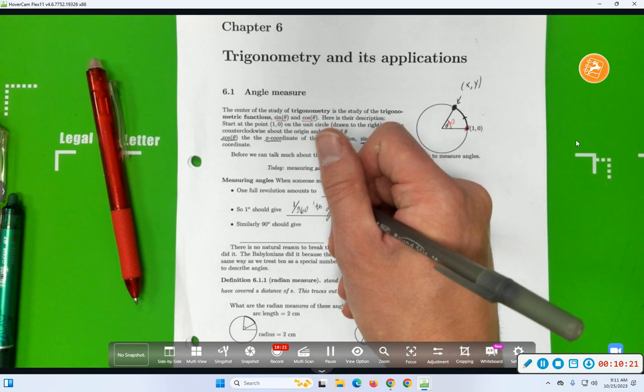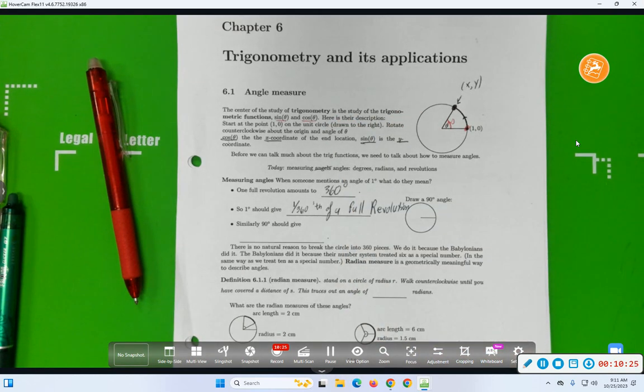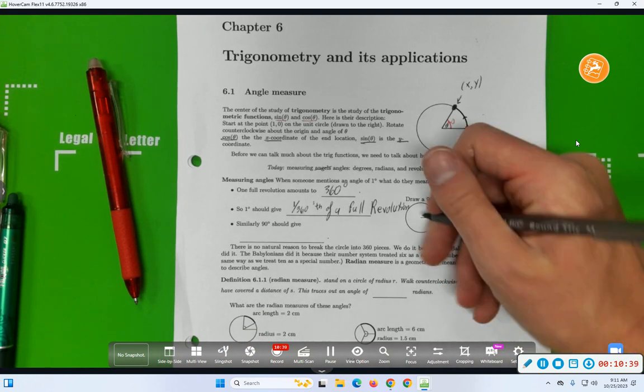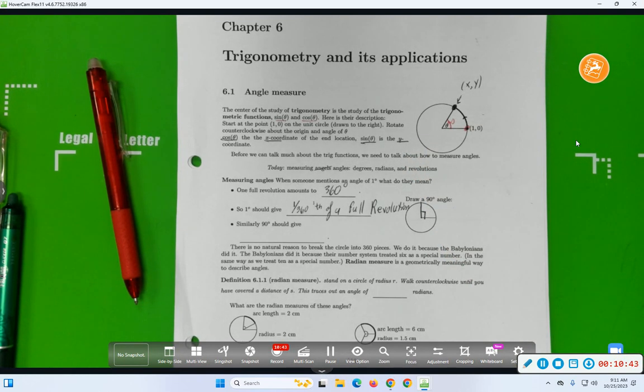So what's the idea? Take one full revolution, you break that up into 360 equally sized pieces. Each of those pieces is 1 degree in size. So let's just see one other thing. How much of a full revolution then should 90 degrees be? A quarter. On the one hand, you know what 90 degrees should be. Yeah, that's a quarter of a full revolution.